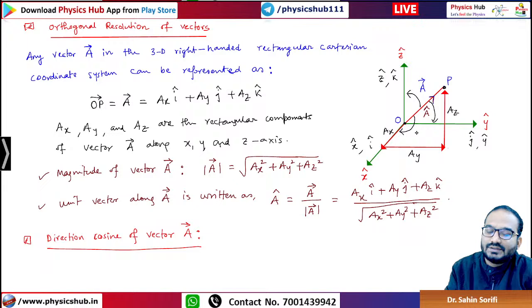Let's denote these angles as alpha, beta, and gamma.